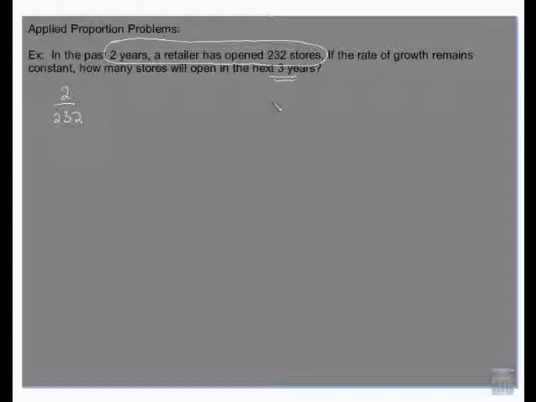Okay, well, in the next 3 years, that's years, years. If I do years over stores, it has to be years on the top on both sides. Does that make sense? I can't put years up top here and then years in the bottom here. So 3. I don't know how many stores, so that's x. I cross multiply and I get 2x is equal to 3 times 232.